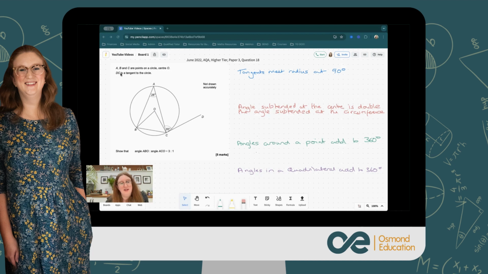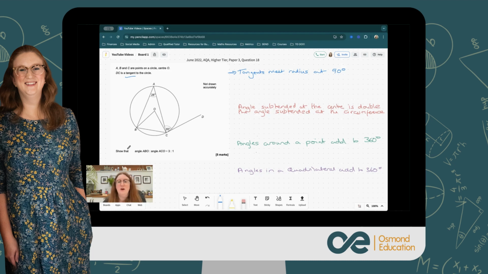I also know that DC is a tangent to the circle, and that gives me the first circle theorem that I should be watching out for: that tangents meet radiuses at 90 degrees, at right angles. So my alarm bells are already going with that word. As soon as I see tangent, I'm going to be prepared to use tangents meet radiuses at 90 degrees.